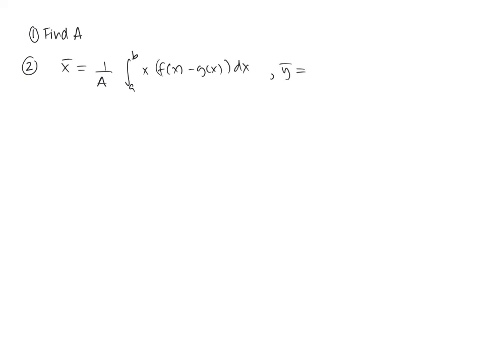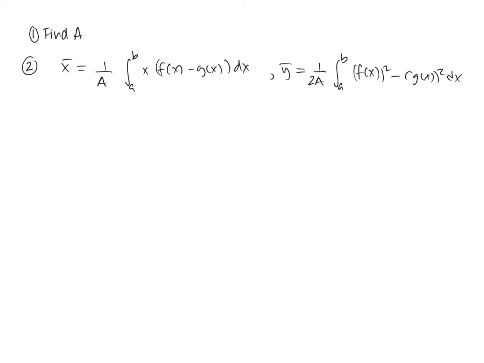And then y bar is equal to 1 over a times the integral from a to b of f of x squared minus g of x squared. As in, just use those formulas. There's also 1/2 in there. Yep, that's what I almost thought I missed in the last one. Thank you. So you find your area, and then 1 over a just takes that area and reciprocates it, right? Does that make sense? Sometimes WebAssign will not let you do it that way, because it's going to ask for mx and my in 2 separate steps.